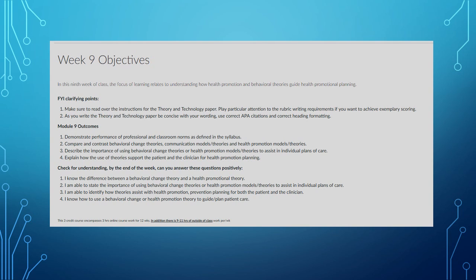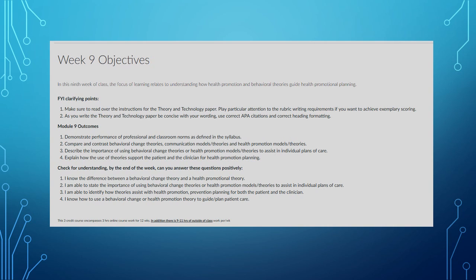This week in your clarifying points, you will be working to complete a paper that is due next week, which is your theory and technology paper. Make sure as you're working on this paper that you use conciseness of words. I've been lax in allowing you to have more pages than my requirements or instructions have required.